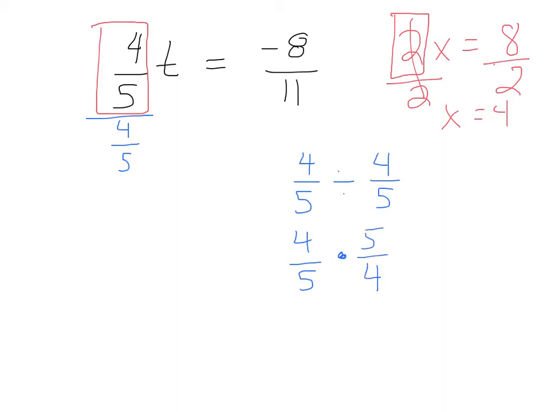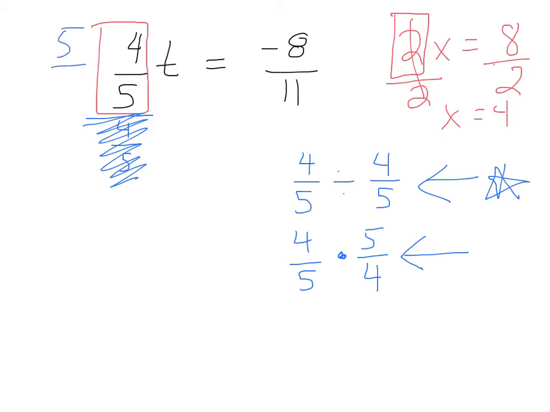So instead of dividing 4/5 like so, we could multiply 5/4 and it would be the same thing. So let's do that. Let's forget about dividing by 4/5 like this, and let's multiply by 5/4 because it's the same thing. Multiply on this side, and let's multiply on this side.